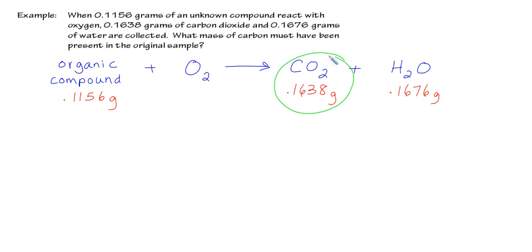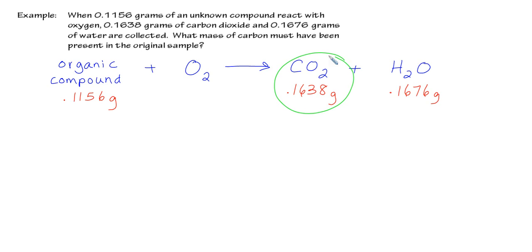So if I could figure out how much carbon is present in that carbon dioxide sample, it must be the same as the amount of carbon that was present in the original sample. We can't create or destroy extra carbon atoms. All the carbon from the original organic compound is still present, but now it's in the form of carbon dioxide.